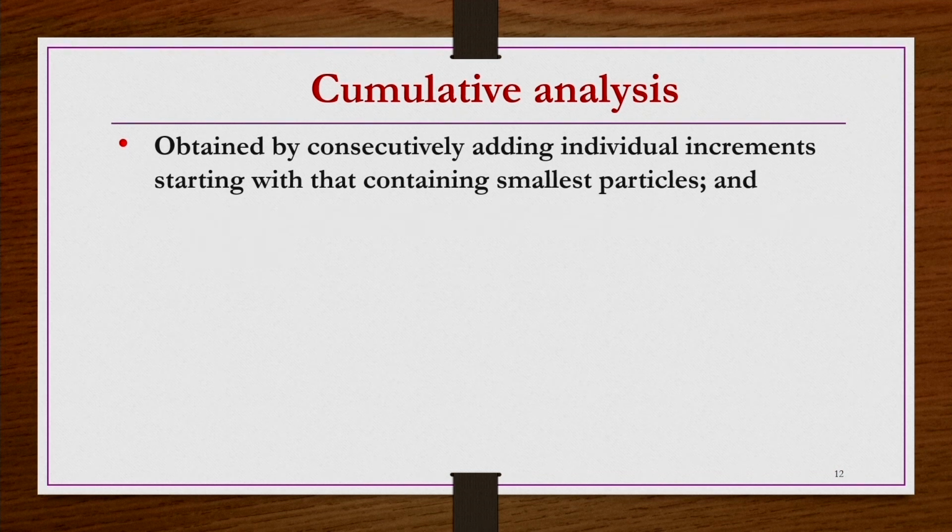What we have, let us say we have these many increments, let us say this i equals 1 for the pan, i equals 2, like this we have i equals 3, 4, 5, 6, 7.